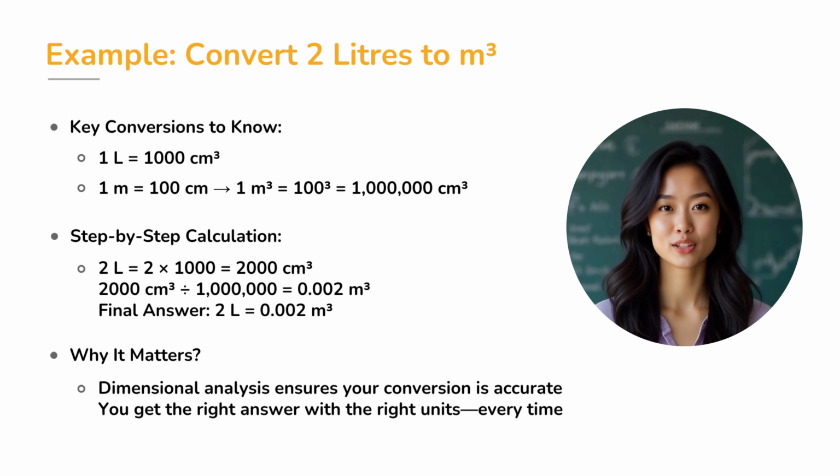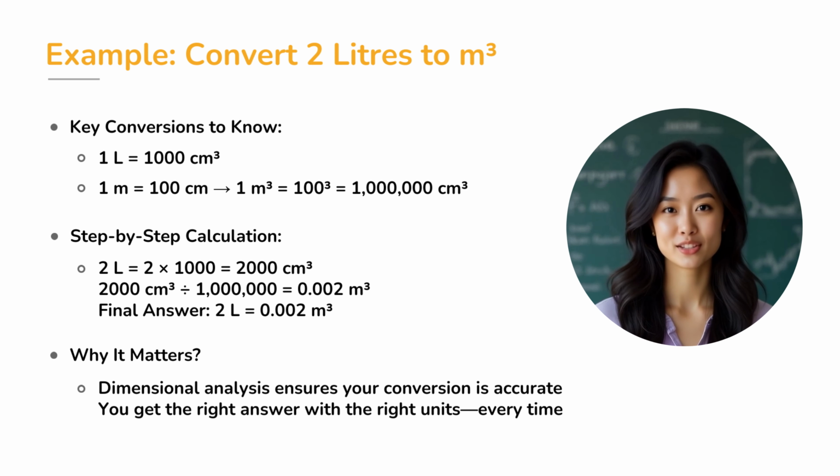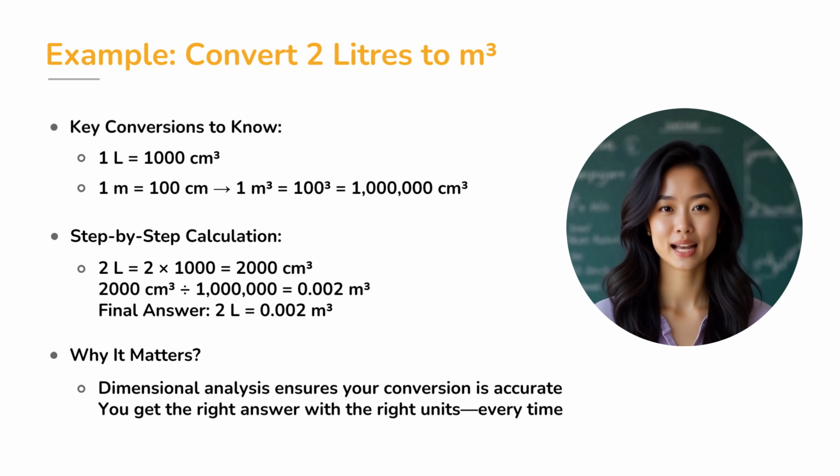Now let's convert: 2 liters equals 2 multiplied by 1000, which equals 2000 centimeters cubed. Next step, 2000 centimeters cubed divided by 1 million equals 0.002 m³, and there you have it, 0.002 cubic meters. Dimensional analysis helps you get the right answer with the right units every time.